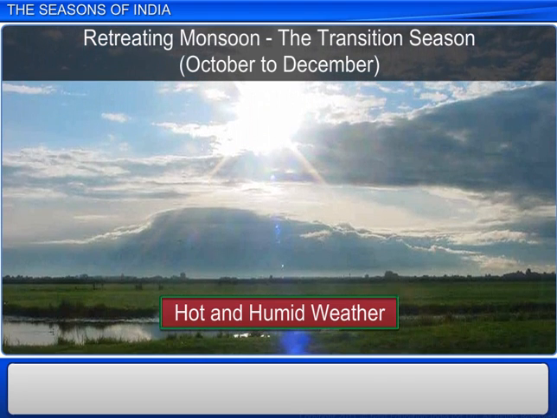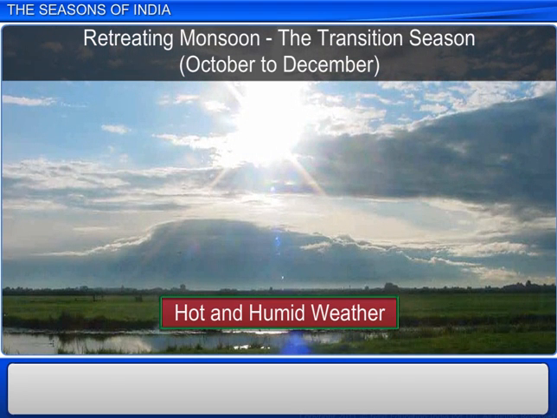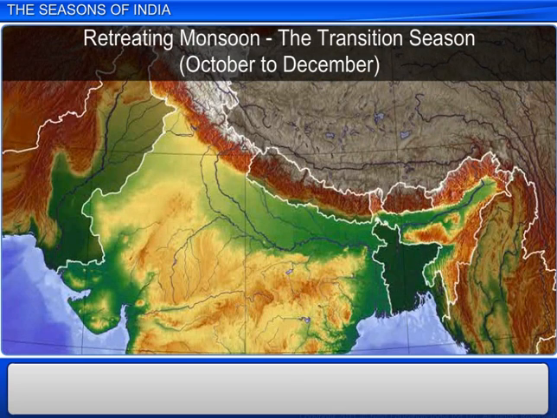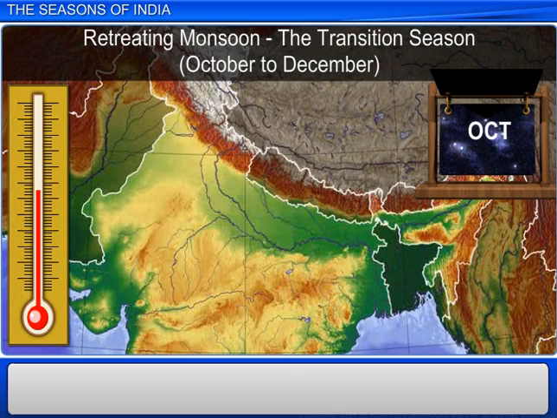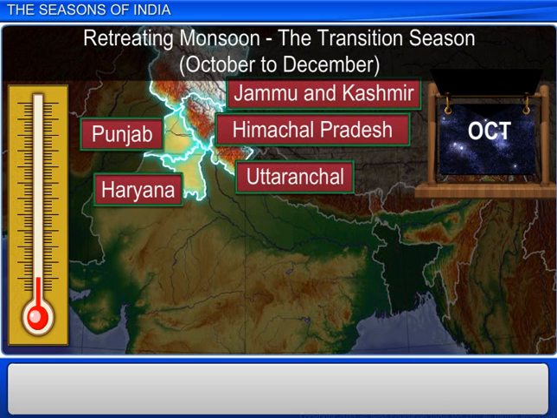The days can become quite oppressive. This is commonly known as October heat. In the second half of October, the mercury begins to fall rapidly in northern India.